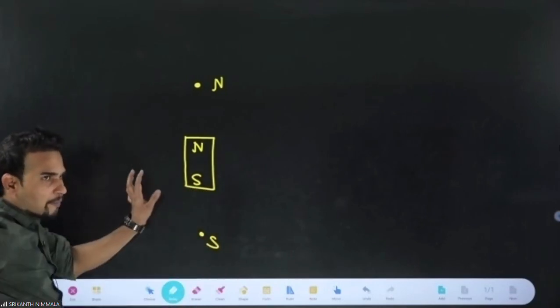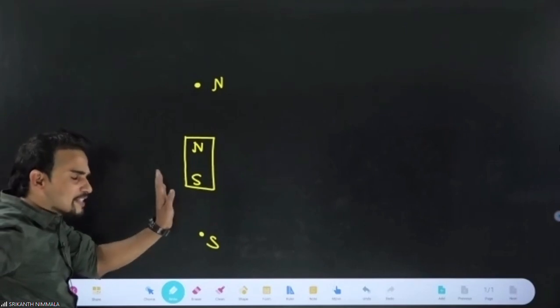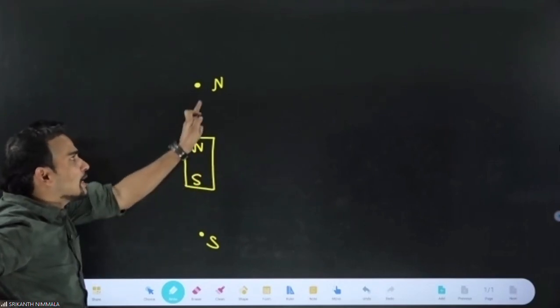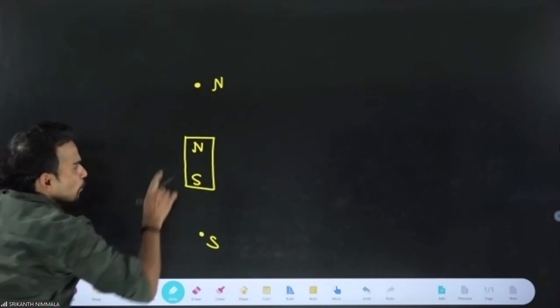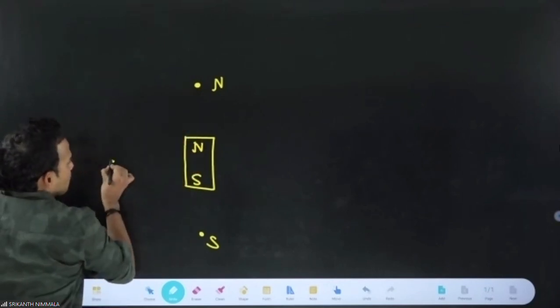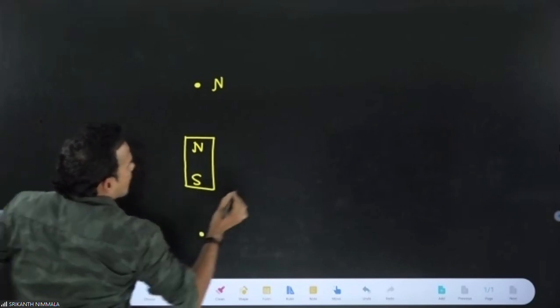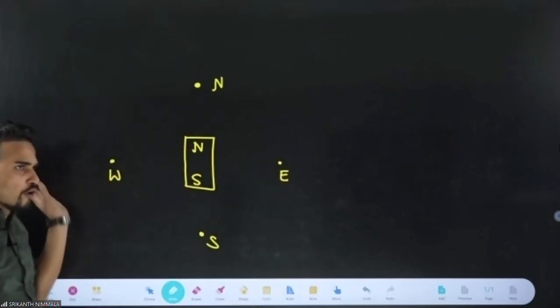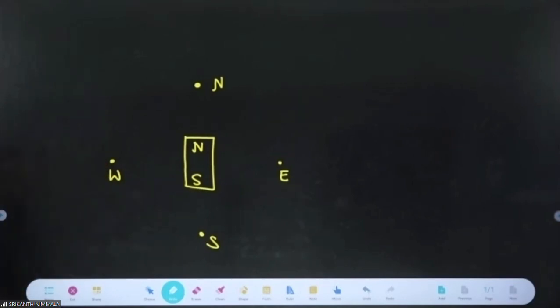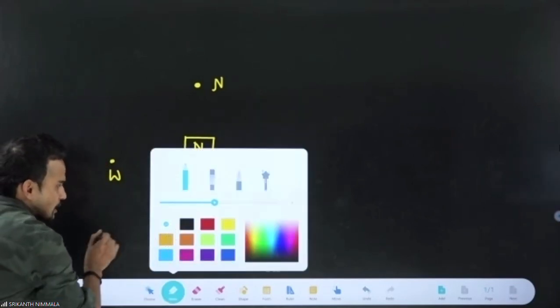The question will come like this. You know, if these are north and south, here we will get west and here we will get east direction. First you draw this diagram. Then we will talk about how to obtain the null point here.